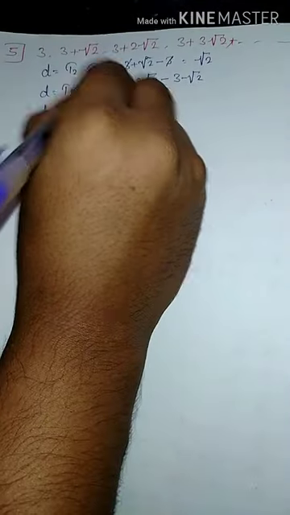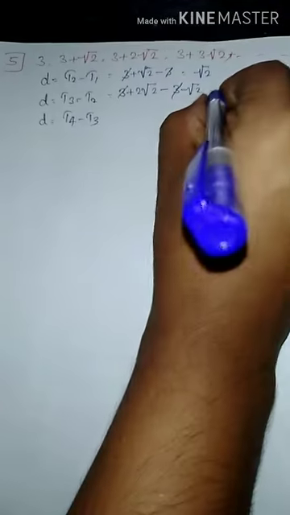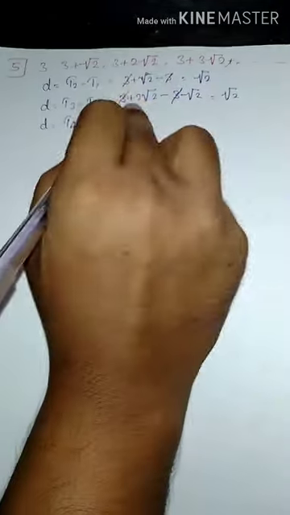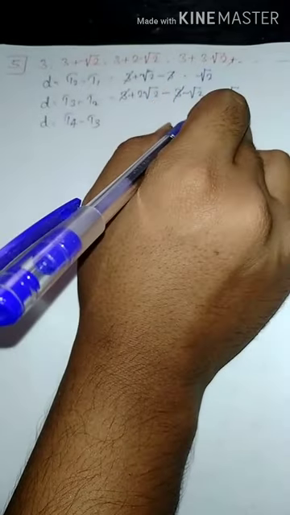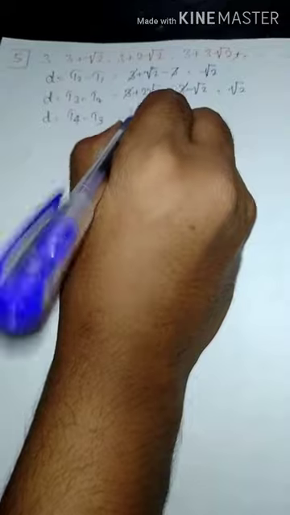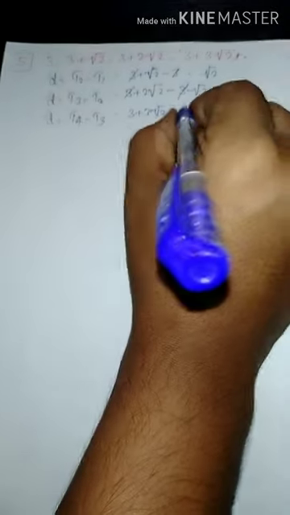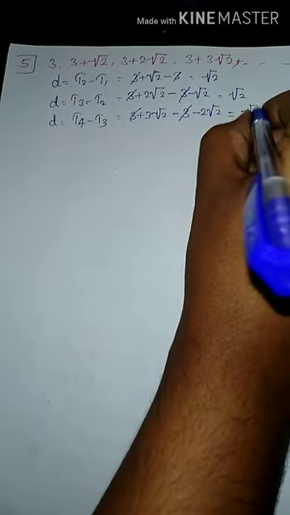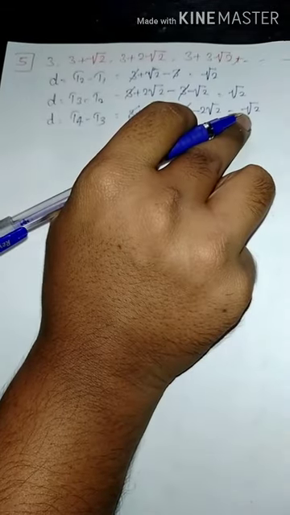The 3s get cancelled, and 2 root 2 minus root 2 is root 2. Next, T4 is 3 plus 3 root 2 minus T3, which is minus 3 minus 2 root 2. The 3s get cancelled, and 3 root 2 minus 2 root 2 is root 2. See here, the common difference is the same.